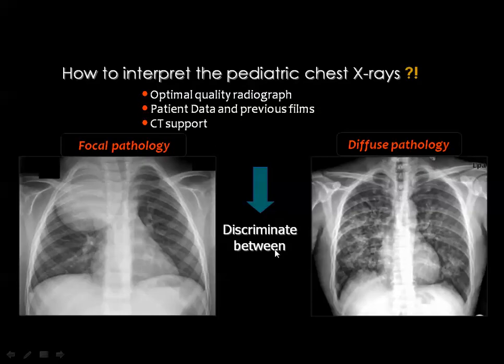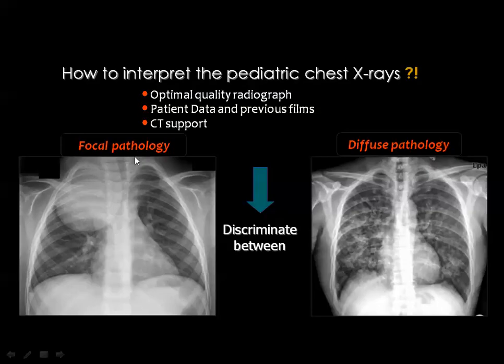Let us start the interpretation of the pediatric chest X-ray by looking at the chest, and we would like to differentiate between two main issues. The first one is, are you dealing with a focal lung pathology or are you dealing with diffuse lung disease?